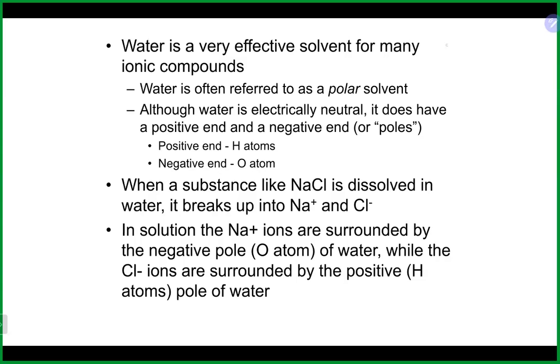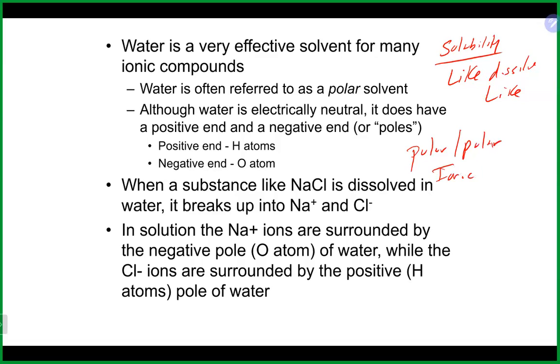So when we talk about solubility and things mixing together, there's this idea of like dissolves like. Things that are polar and polar work really well together. Things that are ionic and polar work really well together, and that is why water, which is polar, works really well with an ionic compound, because opposites attract, so they're able to interact well with each other.